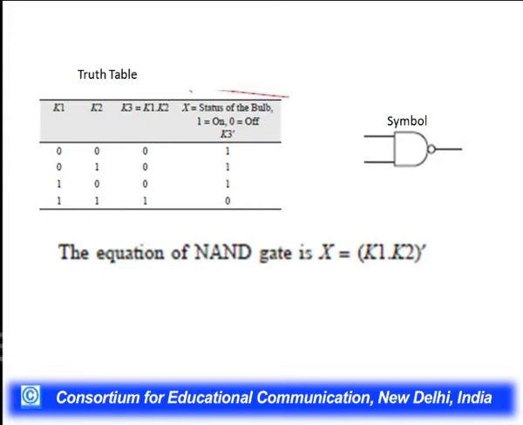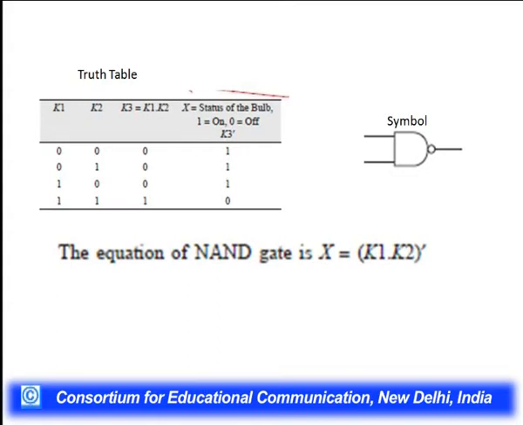So the output of the NOT gate is the final result. X equals the status of the bulb, 1 equals on, 0 means off. So if K3 is 0, then the output will be 1.